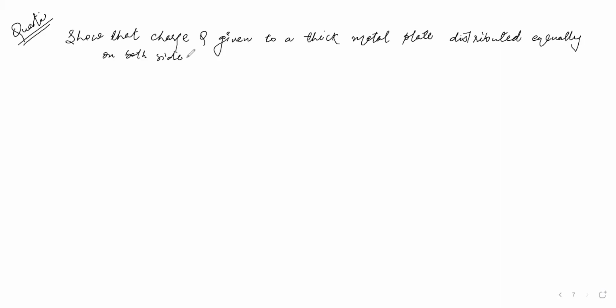It is a question in which it is saying that charge Q given to a thick metal plate is distributed equally on both sides. First of all, we take a thick metal plate like this, and consider that an amount of charge capital Q is given to this metallic plate.